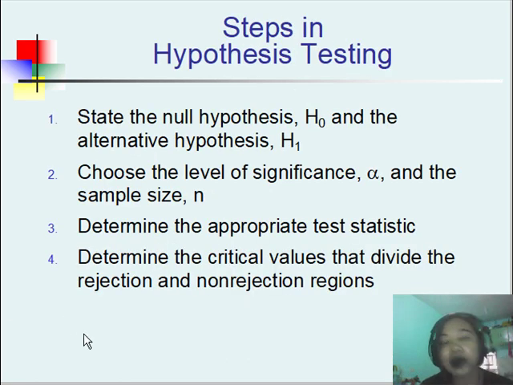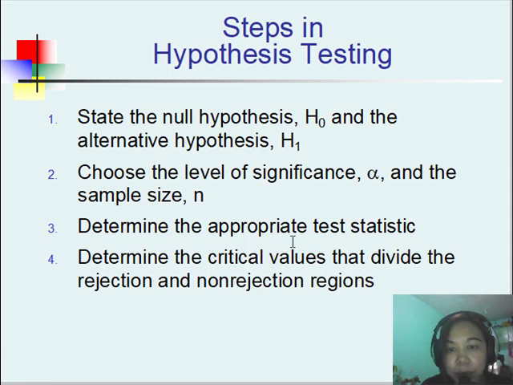So we have here the steps in hypothesis testing. First, we state the null hypothesis, H sub 0, and its alternative hypothesis, H sub 1. Then we choose the level of significance, alpha, and the sample size n. It is important that you have identified the sample size.